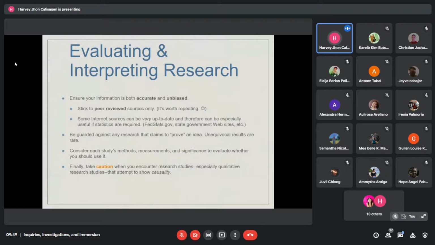Everything has a consequence. That's why you have to take some precautionary measures. In what particular way are we going to be cautious, sir? When you are taking down notes or splicing some information coming from the articles of other publishers, you have to make sure that you are citing the author.